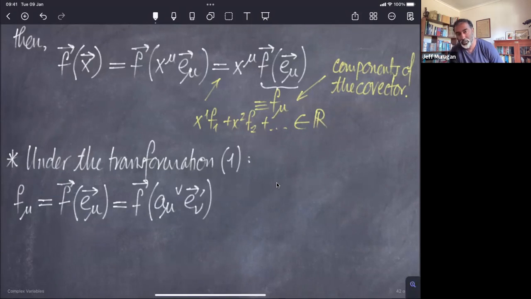Again, f is a linear map, which means that it only acts on vectors, and the only vectors in the brackets there are the basis vectors.